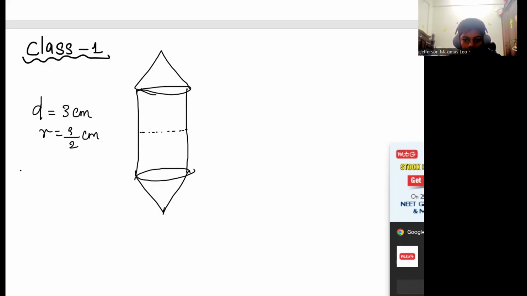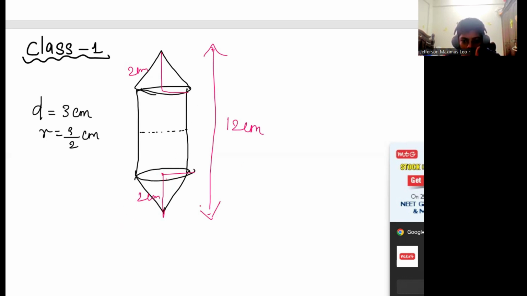And the height of the total model. Actually, height means from this tip to this end. So the height of this total model is 12 centimeter. Also the height of the conical part alone is 2 centimeter here and here also 2 centimeter.